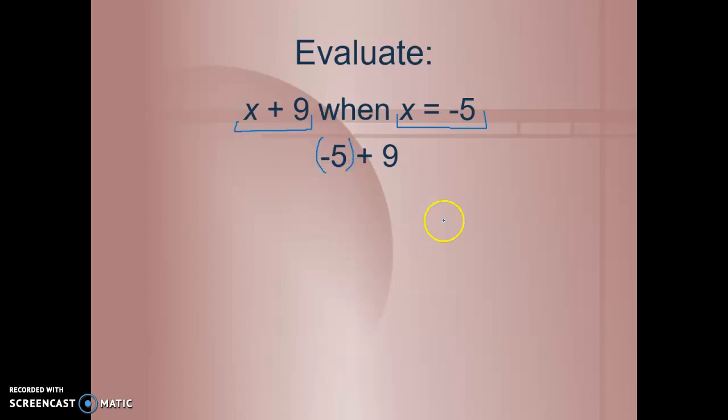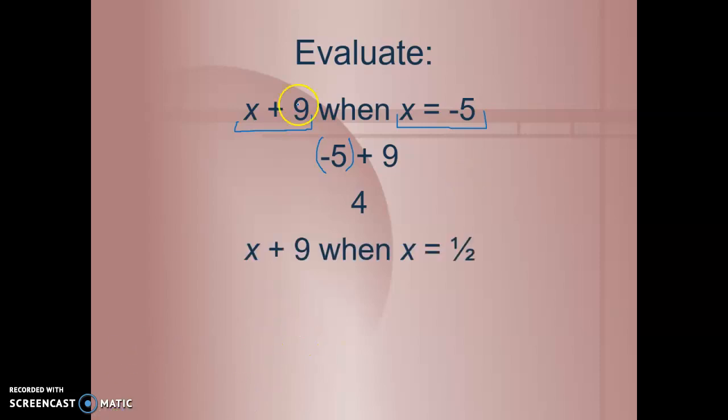Now I'm going to tell you to always use parentheses when you substitute, even in simple problems like this. We want to build good habits so that when we get to more complicated problems, we've already got these good habits established. So use parentheses when you substitute. Negative 5 plus 9. We know that we can keep combining that because those are like terms. 9 minus 5, or negative 5 plus 9 is 4.